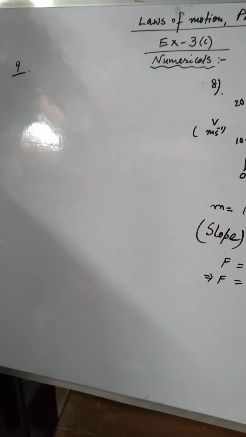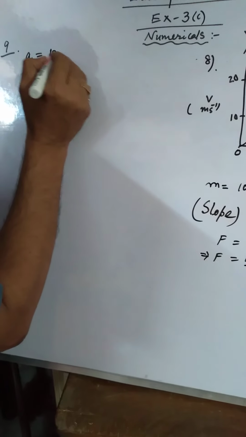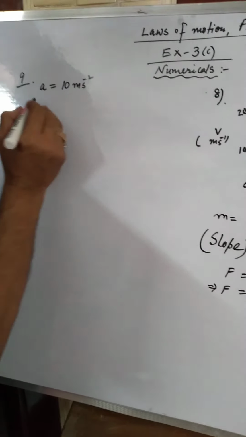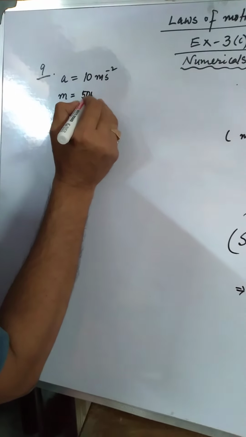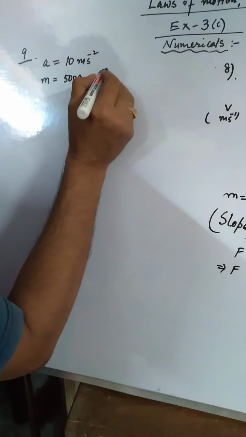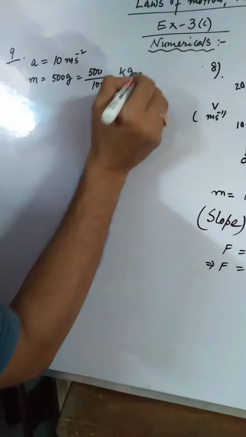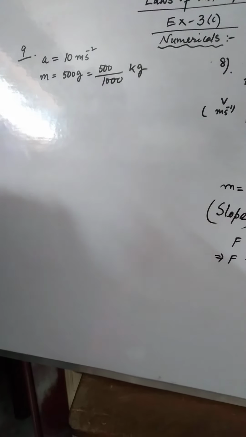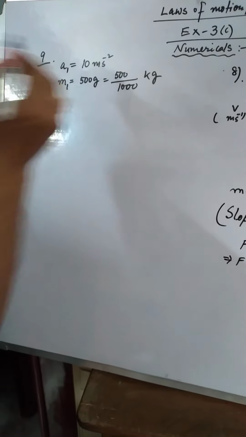A force causes an acceleration of 10 meter per second square of a body of mass m equal to 500 gram. So m equal to 500 gram, it means 500 by 1000 kilogram. Consider it m1 now and a1.